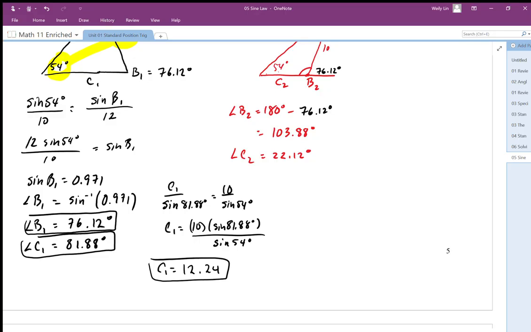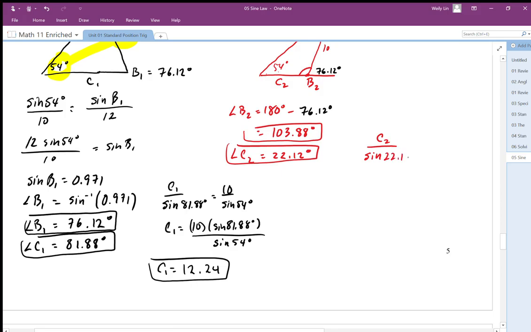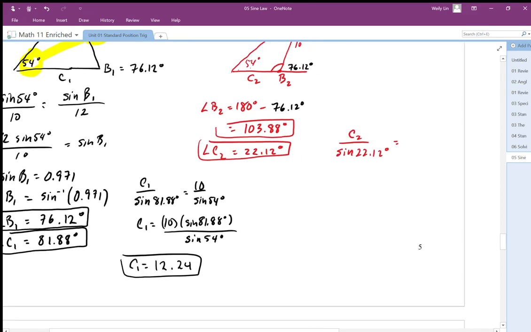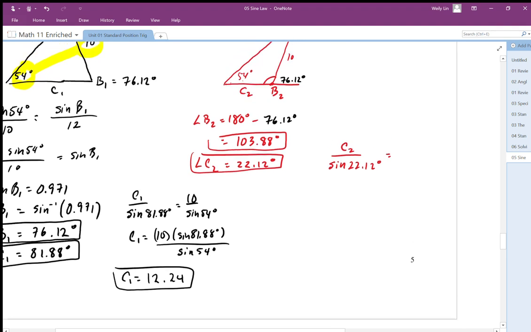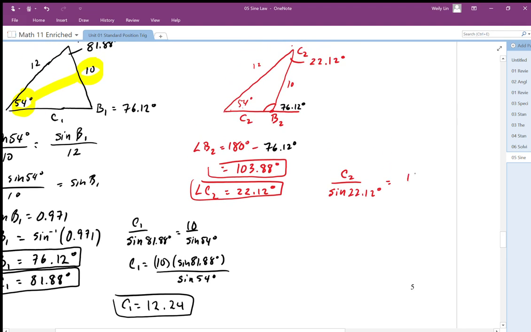I have to do the same thing over here. I've already solved for my two angles. I just need to solve for my third side, so I'm going to use my sine law: C2 over sine of 22.12 degrees is equivalent to the original sine ratio, the angle and opposite side pairing, so 10 over sine 54 degrees.